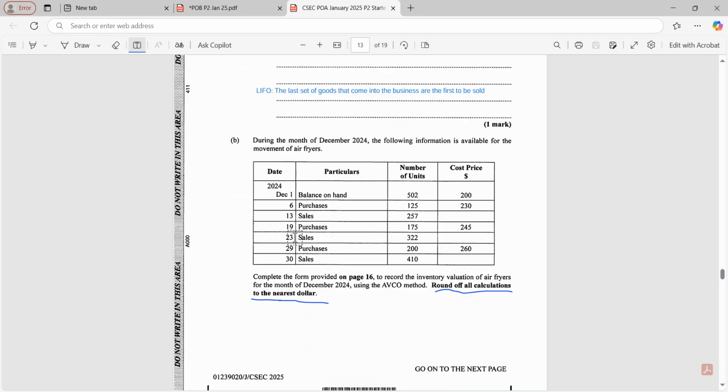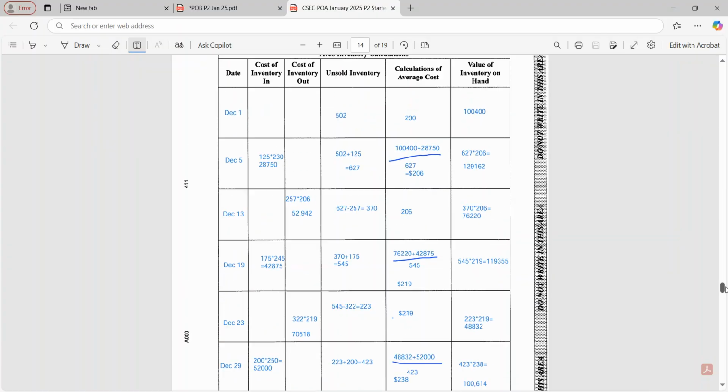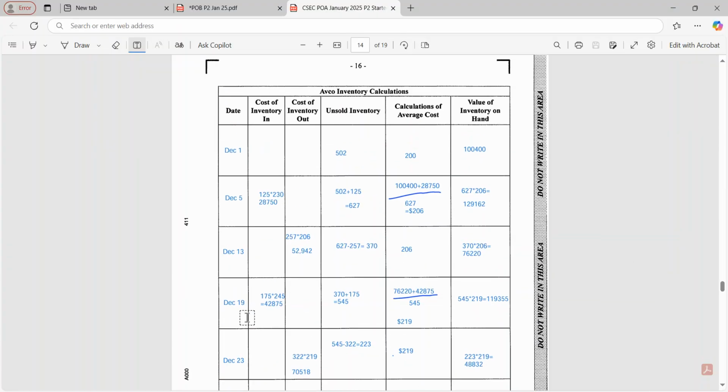We go back up to our list of transactions. On the 19th, we purchased goods of 175 units at a cost of 245. So 175 units at 245 will give us $42,875. Remember that we had 370 from the week before, and we have now 175.